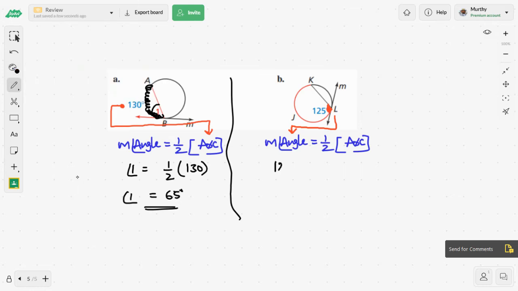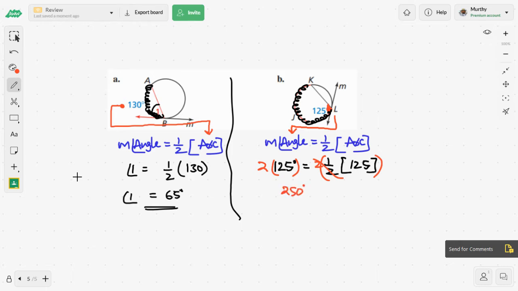So 125 degrees equals half the measure of arc. So what is the arc? Here is the arc, which is 125. Here onwards, it's simple algebra, times 2, then you get that it is 250 degrees.